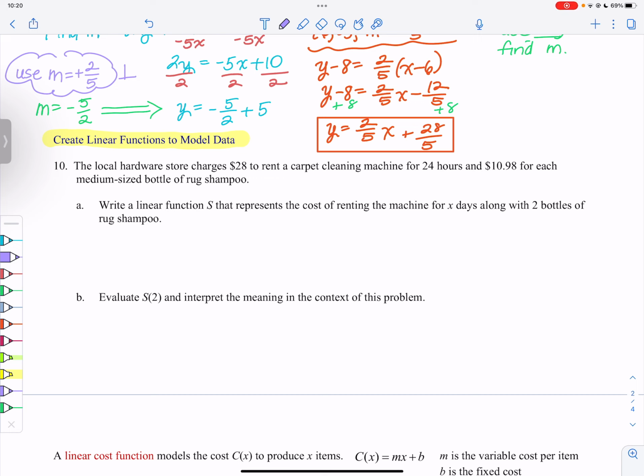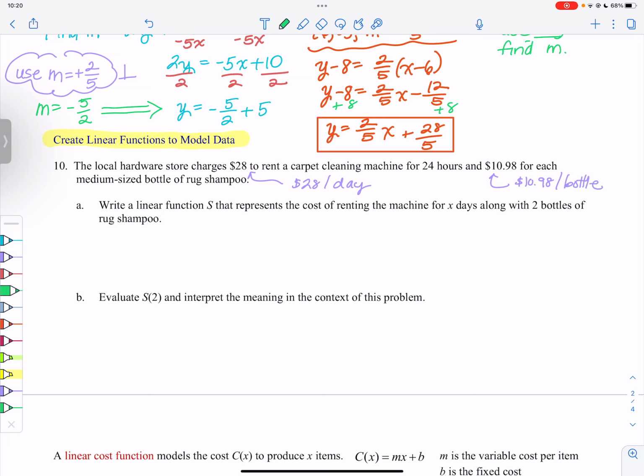We need to write a linear function that represents the cost of renting the machine for x days and with 2 bottles of shampoo. So let's write down that it's $28 per day and we have $10.98 per bottle.